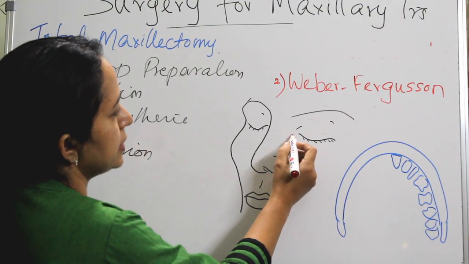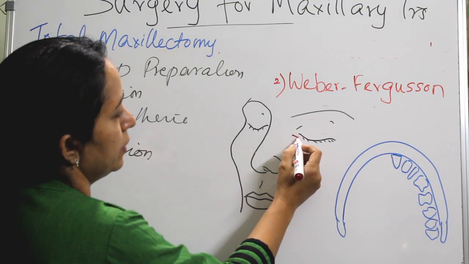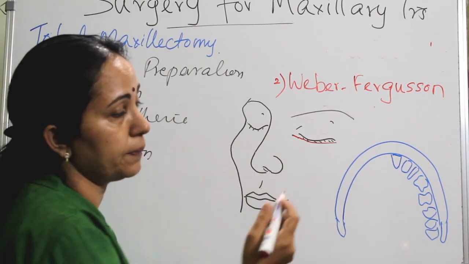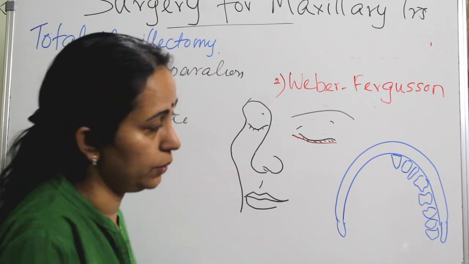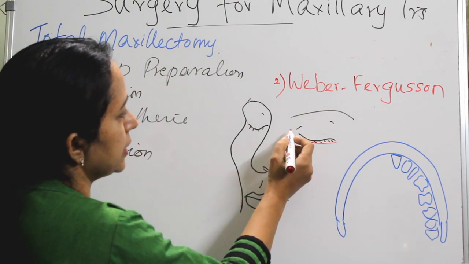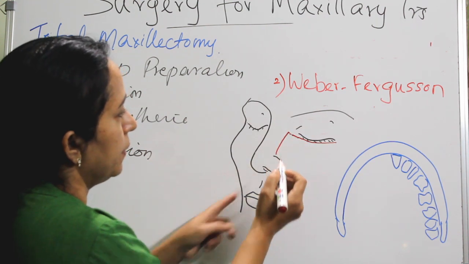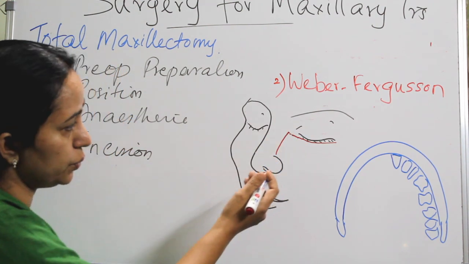There will be a transverse limb which should go close to the lid margin in order to avoid lid edema.